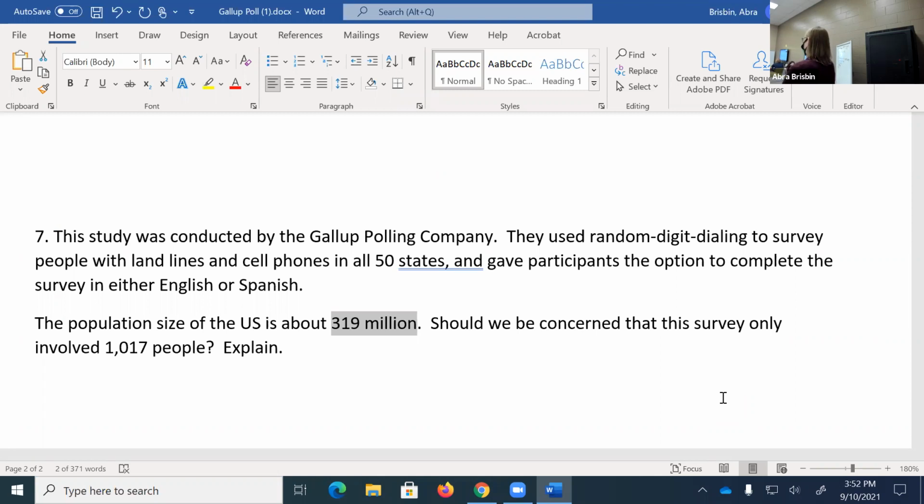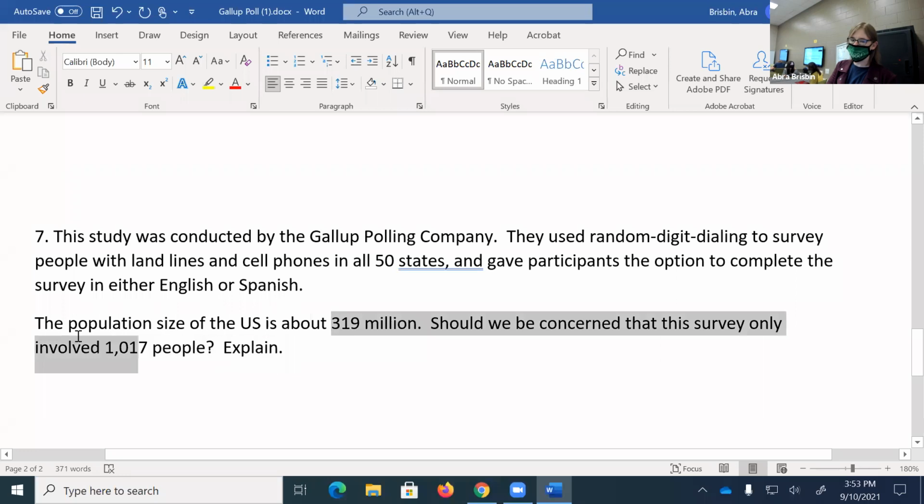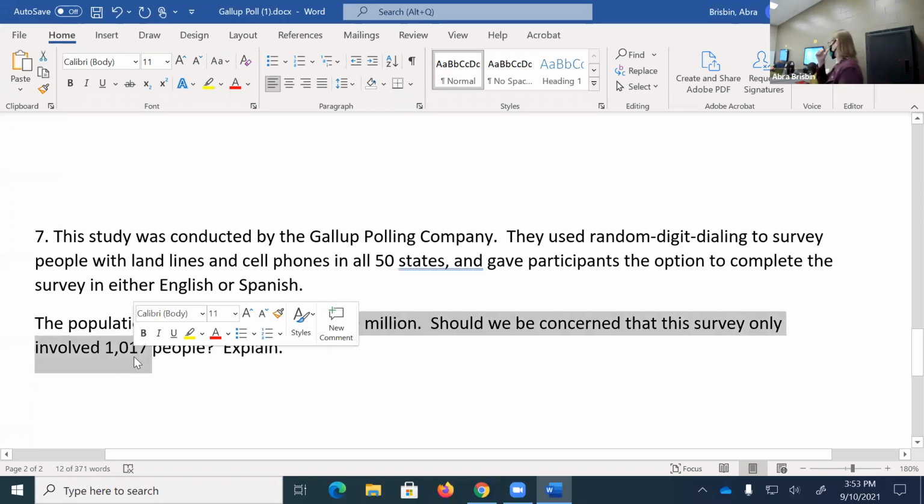If the population size was 2 billion or 2 million, the 1,000 people is still approximately equally representative based on these other factors. It doesn't matter what the ratio of those two sizes is.